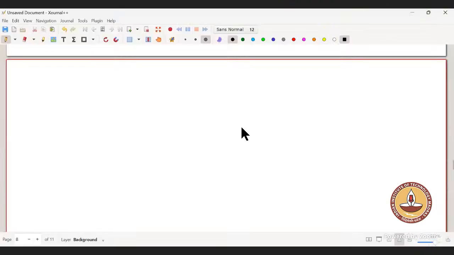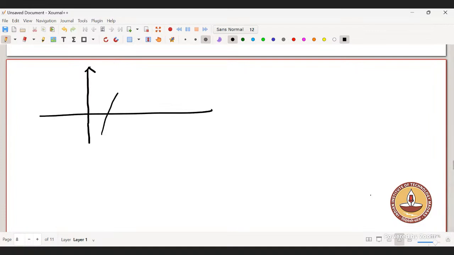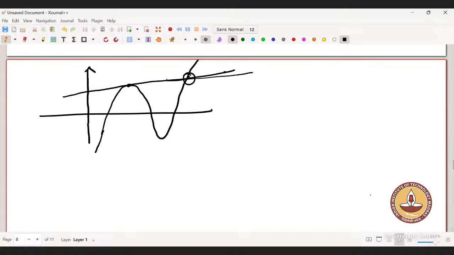Suppose you consider this graph. If you take this tangent, it can intersect the curve, right? It's basically intersecting the curve at this point. But it touches the curve, not intersecting. What do you mean by touches the curve? It basically intersects the curve at this point.